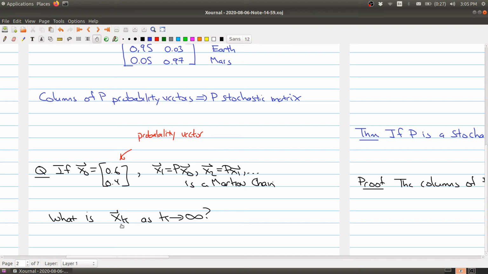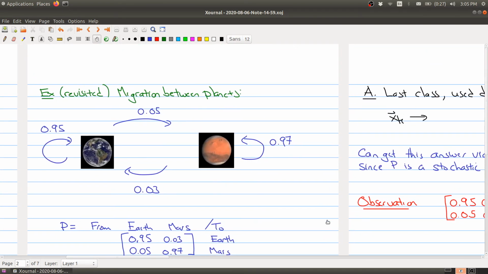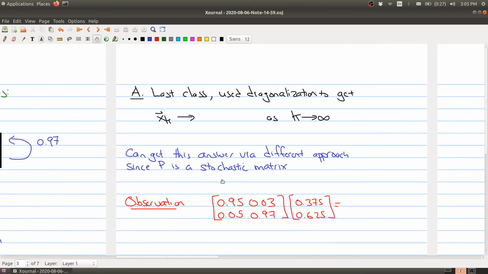We answered that question in our last lecture: you can use diagonalization to get this value. In particular, we showed using diagonalization that over the long term, the vector x will approach the vector 0.375 and 0.625 as k goes to infinity.